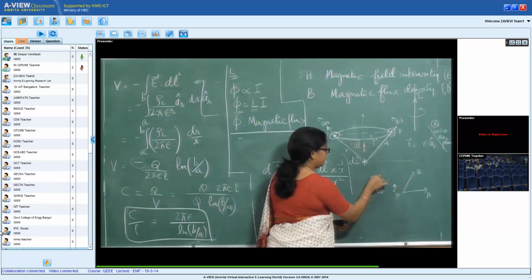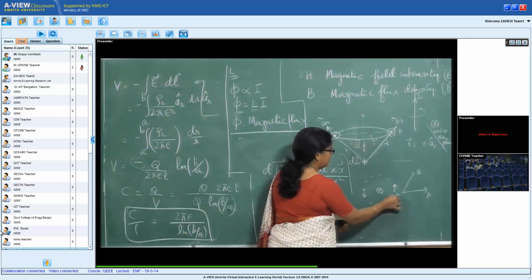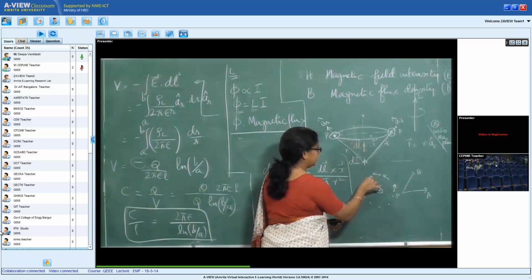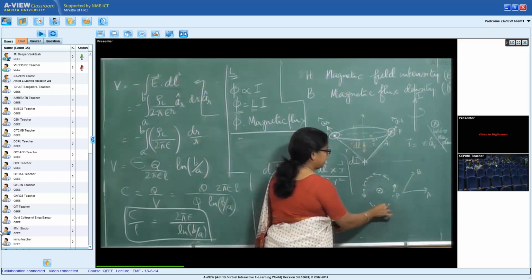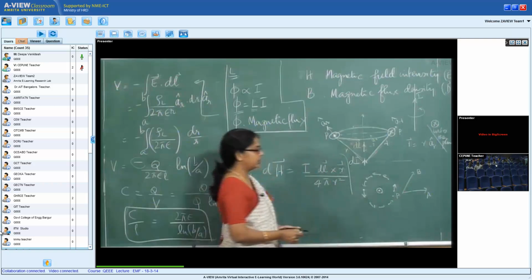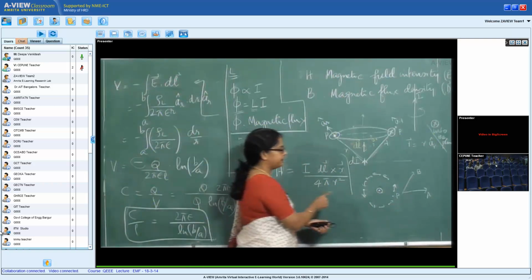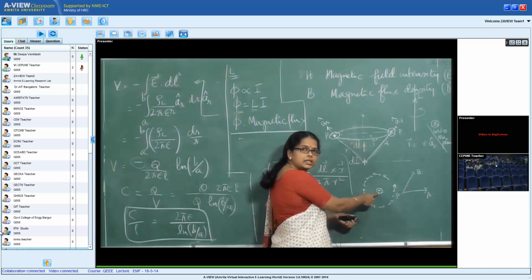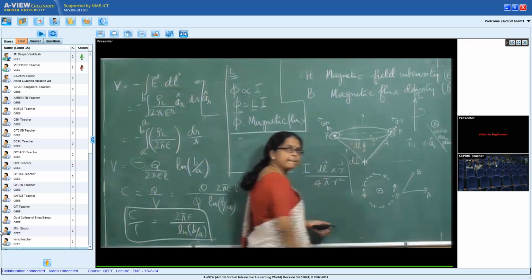If I keep drawing the direction of H at all the points, it will start doing this. In other words, remember our discussion on curl. This is an example where the vector is curling around, which has a large curl around this current.